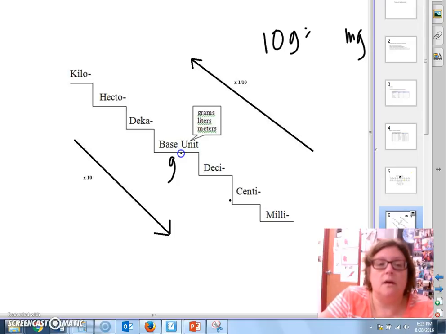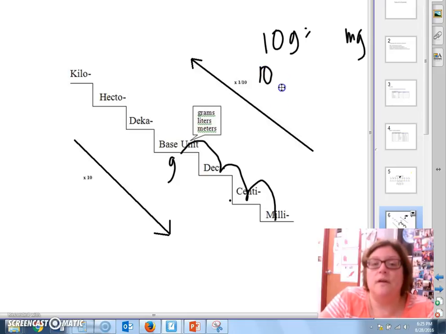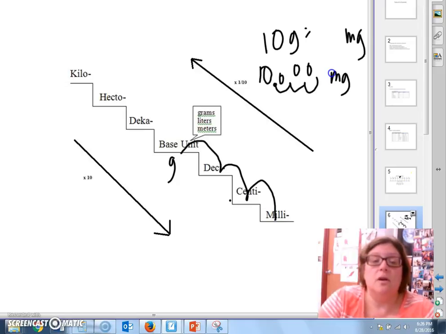I'm going to count down. I'm going to go down 1 step to deci, 2 steps to centi, 3 steps to milli. So I moved my decimal 3 places to the right. Where's the decimal on that 10? That's right. It's an understood decimal right there. I'm going to move my decimal 3 to the right. 1, 2, 3. That's the same thing as multiplying it by 1,000. So 10 grams is the same as 10,000 milligrams.